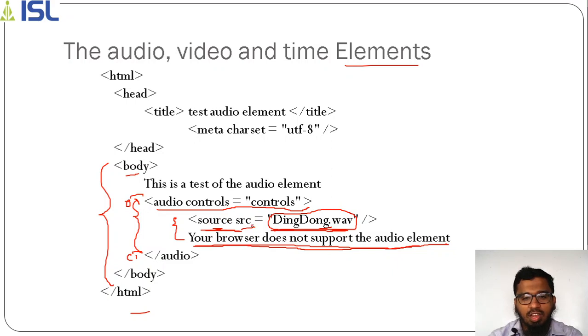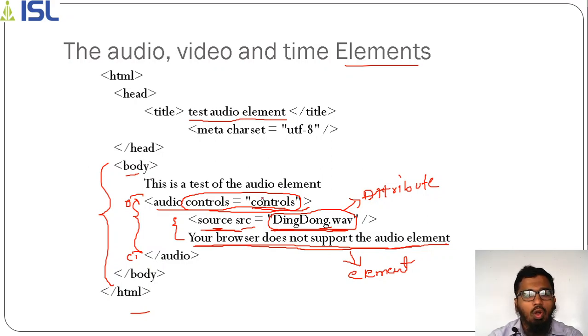Like see here, source src ding dong dot wave, this is called an attribute. Whatever you write in the opening tag, whatever function or action you want to give in the opening tag, that is called an attribute.